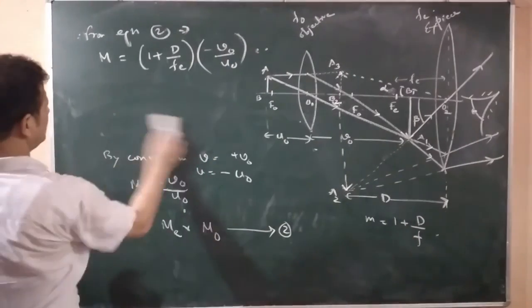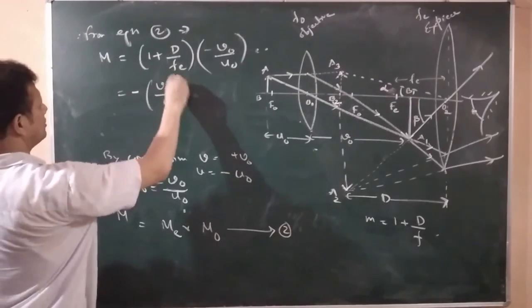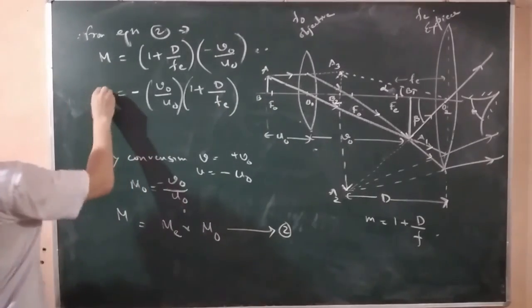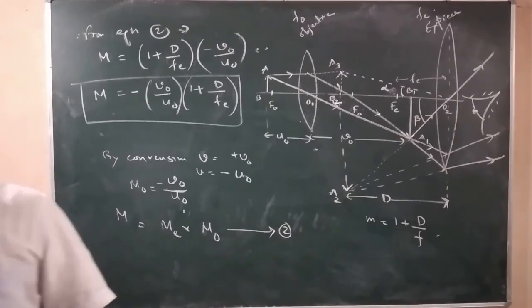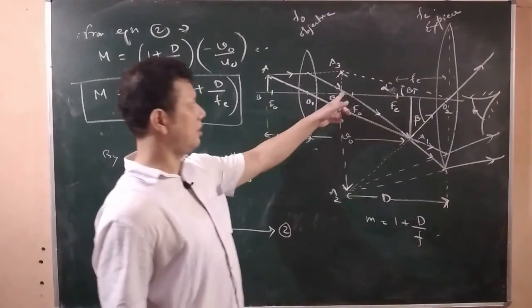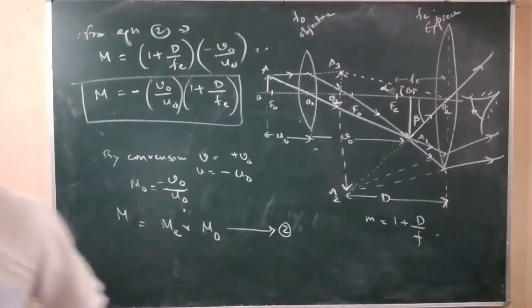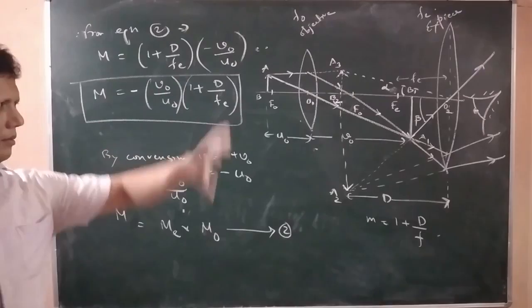The answer is minus v naught by u naught into 1 plus d by fe, and this is the final answer: the magnifying power of a compound microscope when the final image is obtained at the near point. So this is the formula of magnifying power.